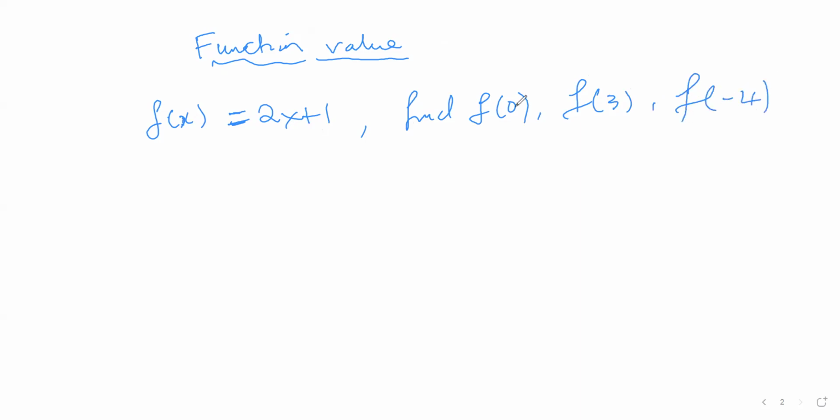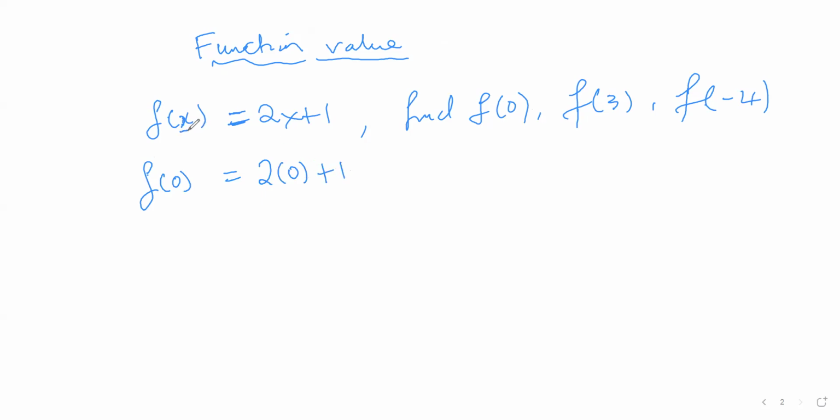So these are called function values at specific x values, right? So f of 0 simply means find the value of the function when x equals 0. Find the value of f when x equals 3. Find the value of f when x equals -4, and so on. So when x equals 0, the function value at 0 will be 2 times 0 plus 1, all right?